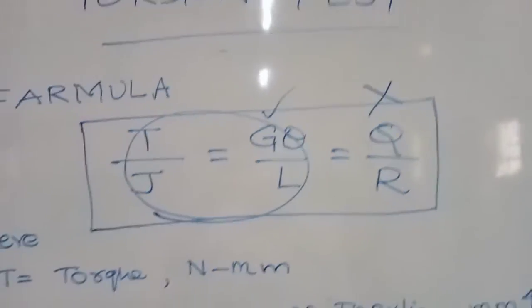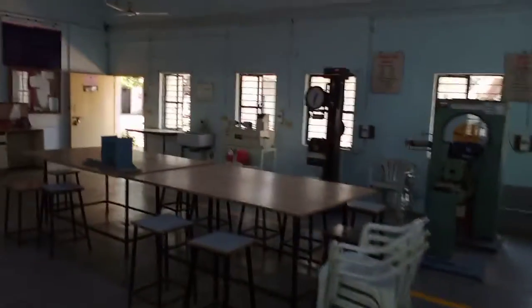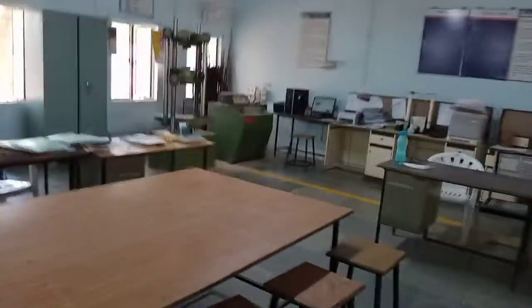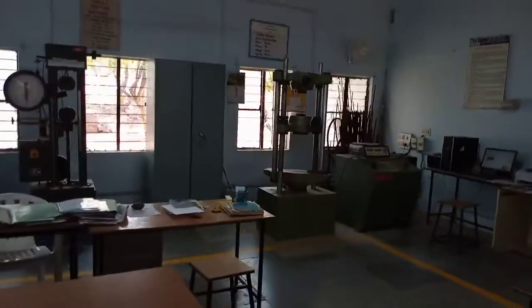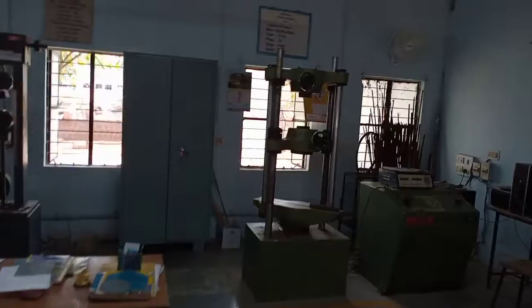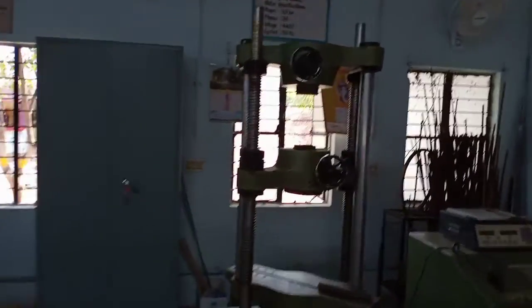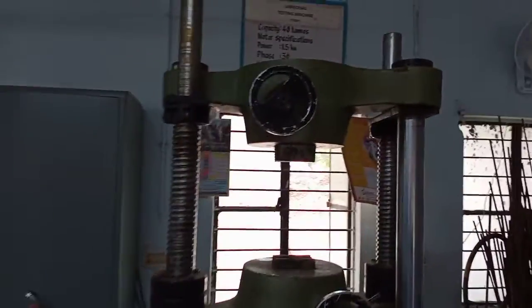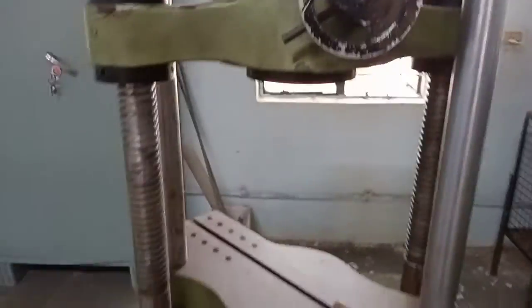But we do not have a torque on the UTM. That is how we are going to do it. I will show you in the lab what we did. Just see the UTM: the upper gripper, the bottom gripper and the base, operated by this entire hydraulic system.